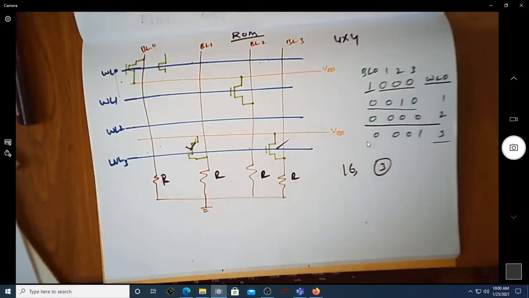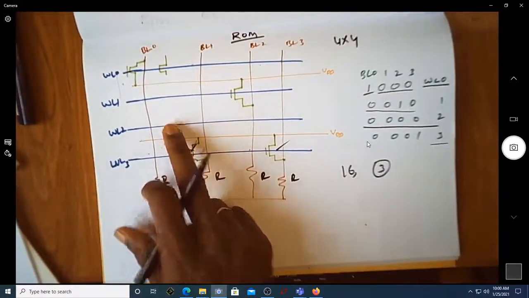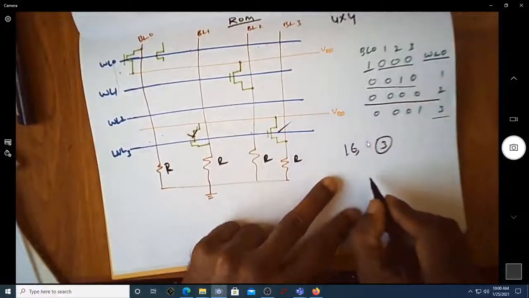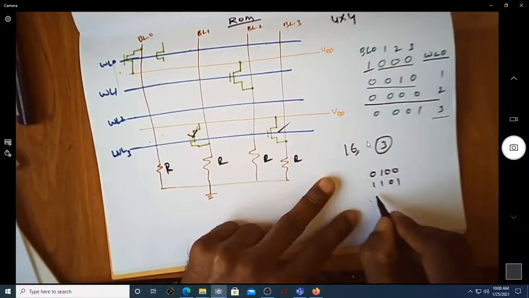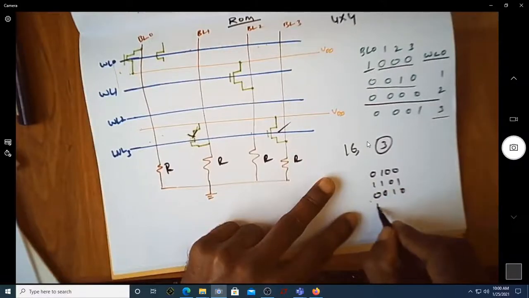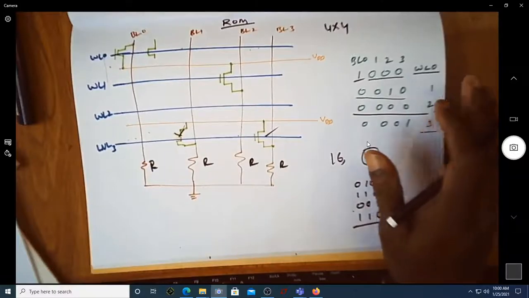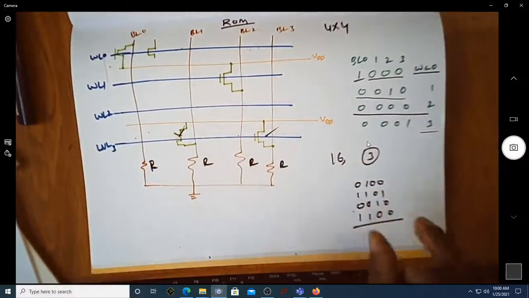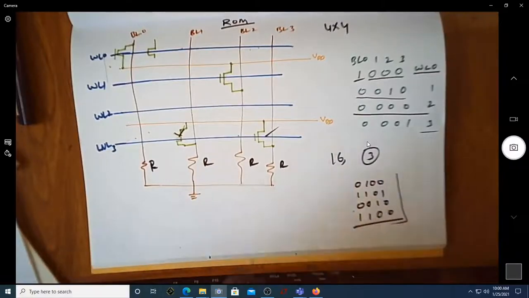You can see we cannot modify the data stored in this read-only memory. Assume that I want to make it 0100 or 1101 or 0010, then I need a totally different physical structure for this particular type of storage, which becomes very cumbersome.